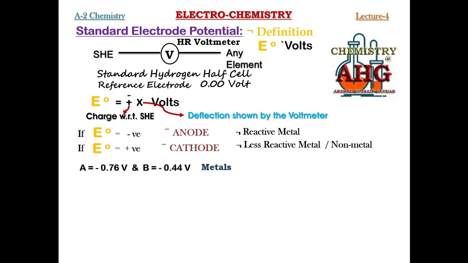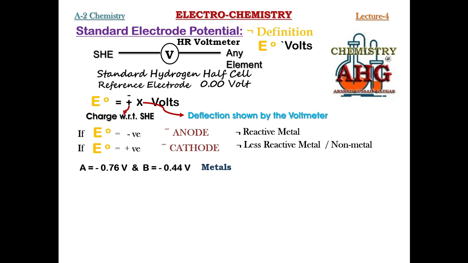Other thing that you must be able to predict, that which one of these two metals would be more reactive and which one would be less reactive comparatively. Now how you can come to know that? Simply look at the numerical value, look at the magnitude of standard electrode potential value. The element whose standard electrode potential, whose voltage is greater, that element would be more reactive metal.